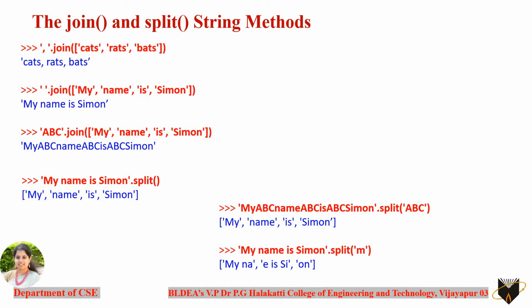The next methods that we are going to discuss are the join method and the split method. The join method is used with the parameter, or the string, which you want to join with the elements from the list. I want to show it in an example here.